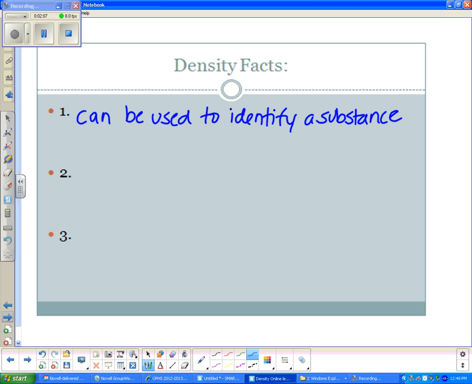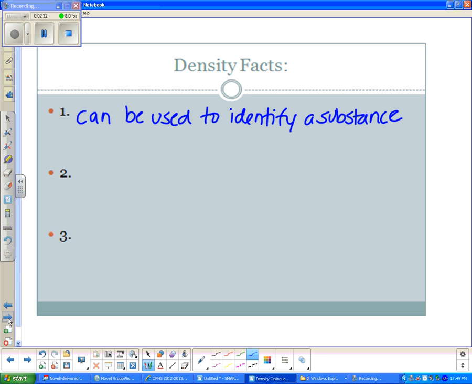And we will talk about several different identifiers through the year. The first is density. We know that each substance has its own unique density. If you have a way to determine a substance's density, then there's a known list of densities that you can compare it to, and you'd be able to identify your substance.